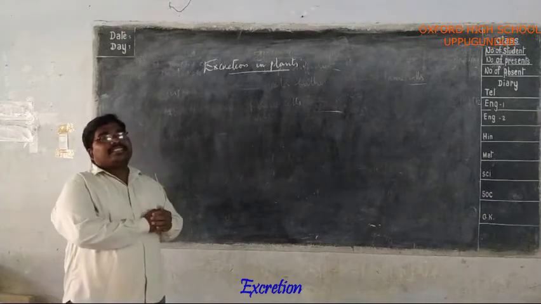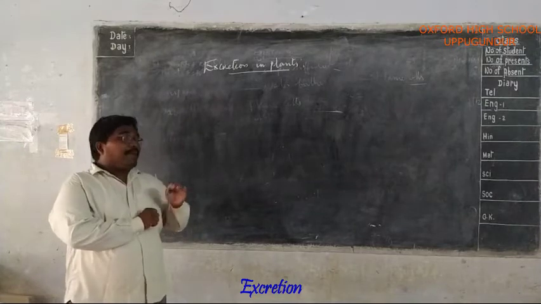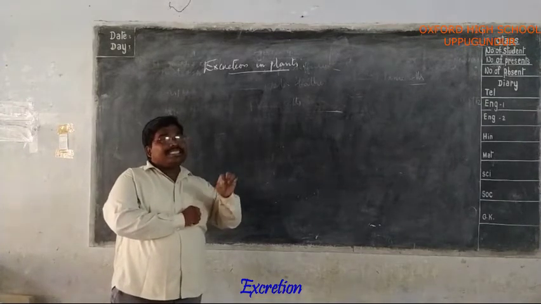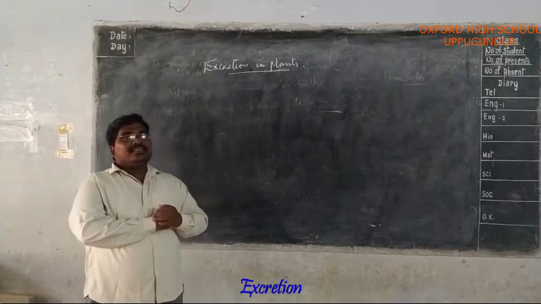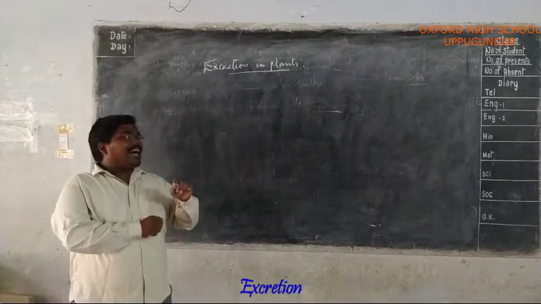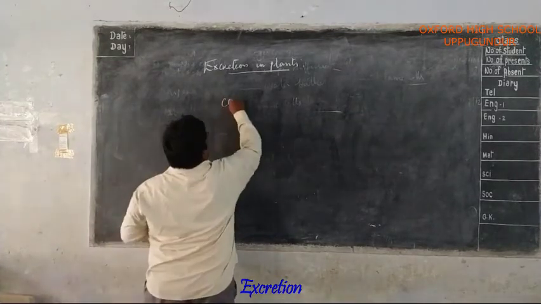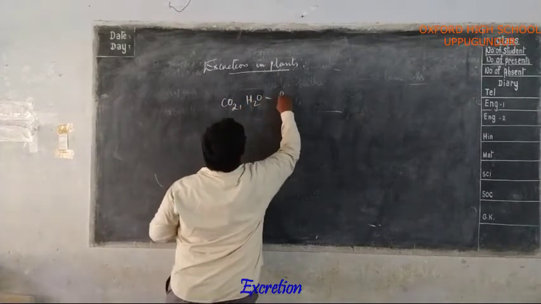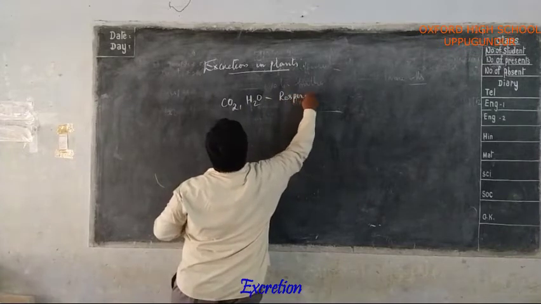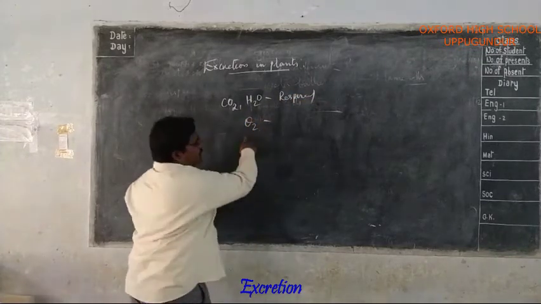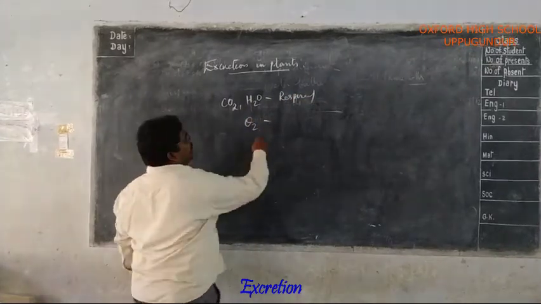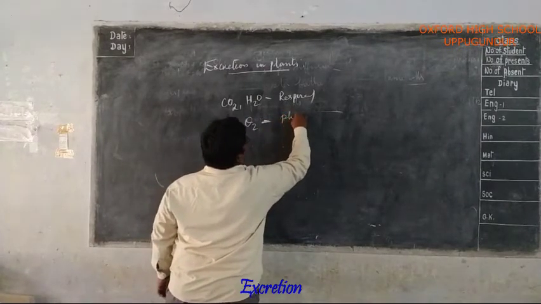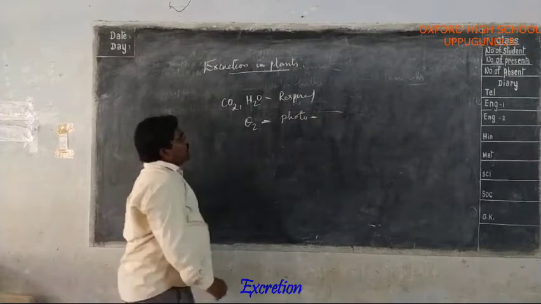In previous classes, we discussed that plants which do not possess chlorophyll, and green plants in the dark night, release carbon dioxide and water during the respiration process. Oxygen is also considered a waste material which is emitted by the plants during photosynthesis.